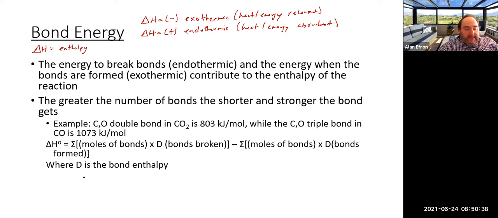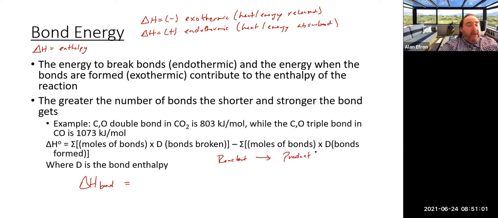So the delta H, the change in enthalpy based on bond energy, is basically as we go from the reactant side, or the starting material, in a chemical reaction to the product side. There's a couple of things you hopefully should know. We do not lose any elements along the way.